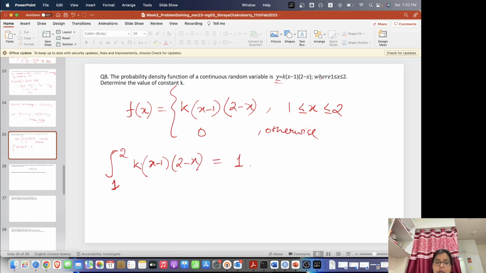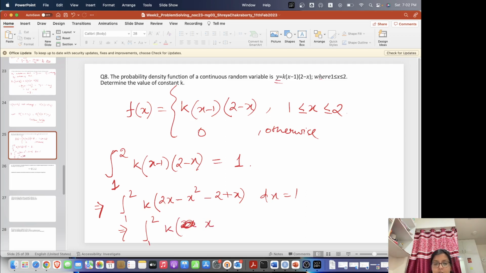So we'll solve this equation. k times (2x minus x square minus 2 plus x), that is (3x minus x square minus 2) dx equal to 1.